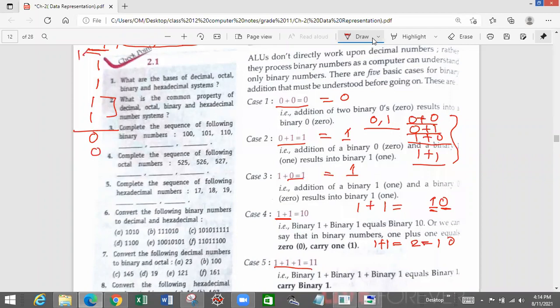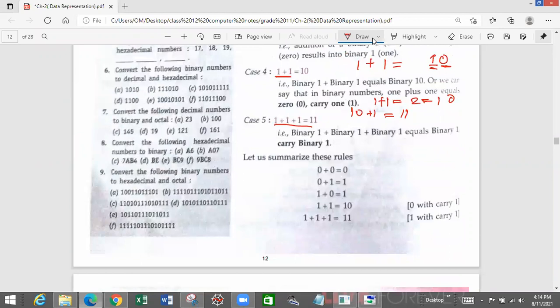Then 0 plus 0 is 0 itself. So the final answer is 1, 1. That is, 1 plus 1 is 1, 0, and then adding 1 to it gives 1, 1.